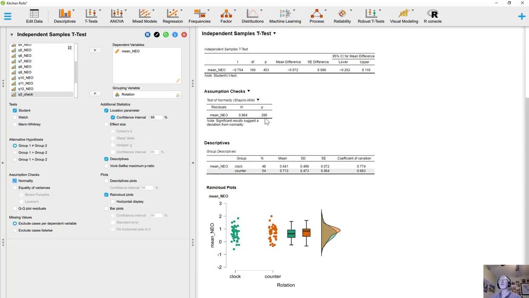So if it was 0.05 or less, then you would be suggesting that these curves here are deviating substantially from normality. But at 0.266, you can't conclude that. So the true distribution at the population level could be normal. Hence, we don't have a problem with the normality assumption.